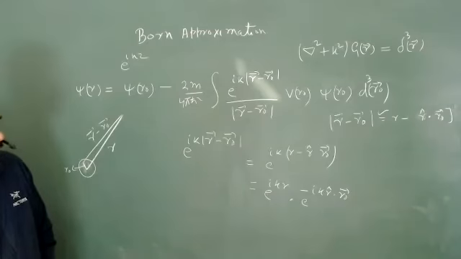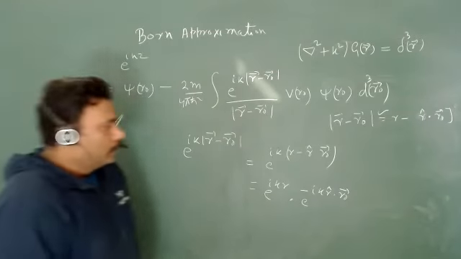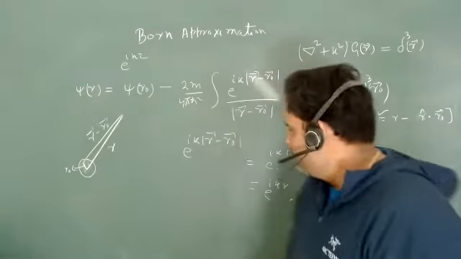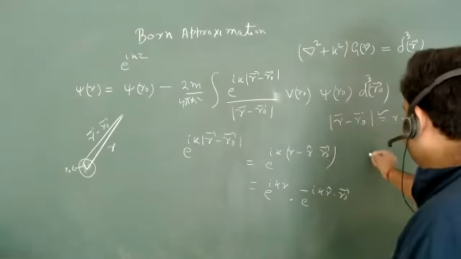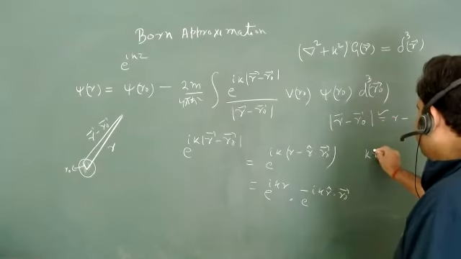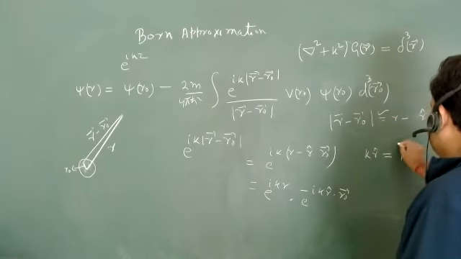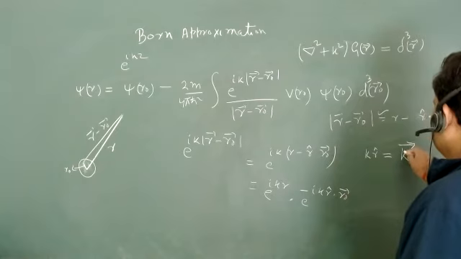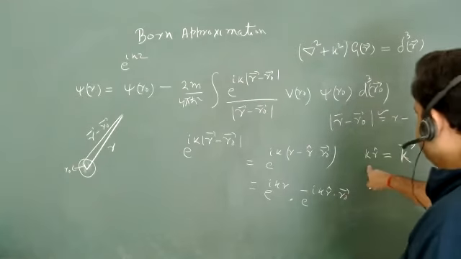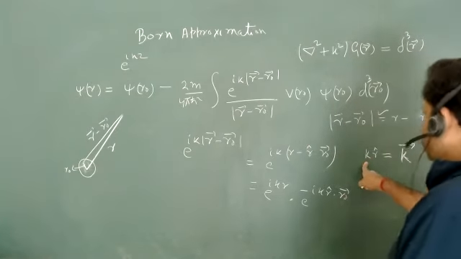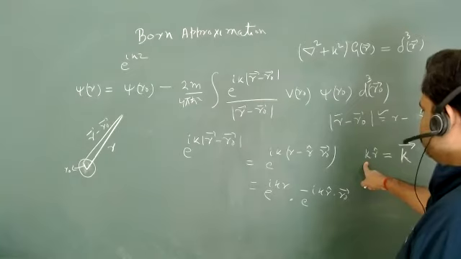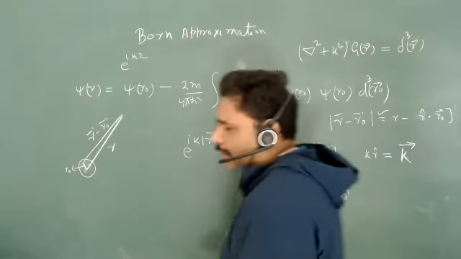Now this kr, I am just putting as my capital K. This is capital K vector. This k is some scalar quantity, root under 2me upon h cut squared.